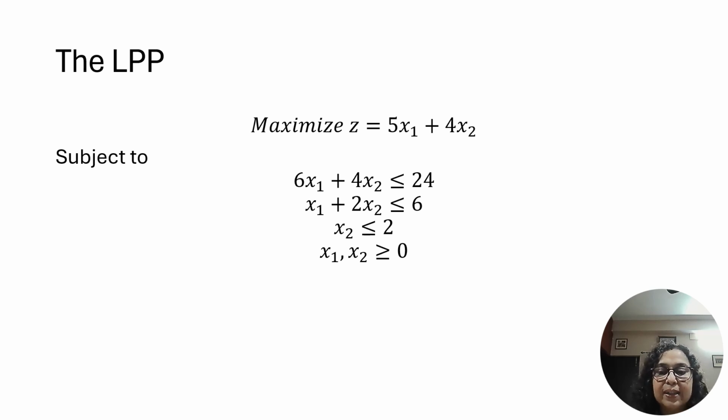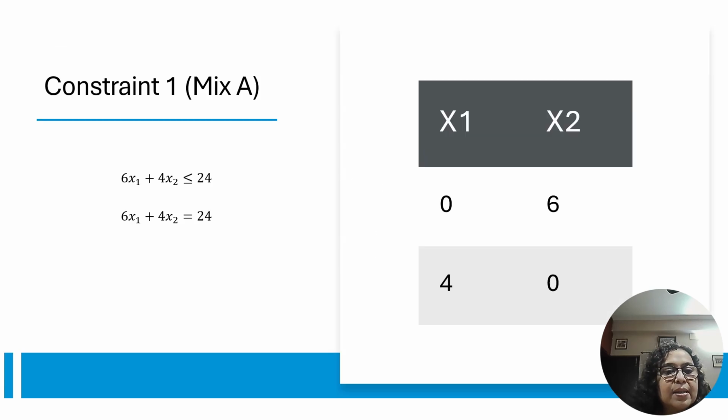Now, like we did in the previous video, that is the minimization problem, here also we'll convert these into equations. So we'll go for the first constraint, that is the mix A constraint. We convert it into the equation form to get the boundary.